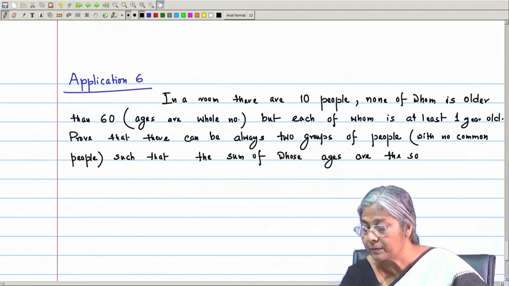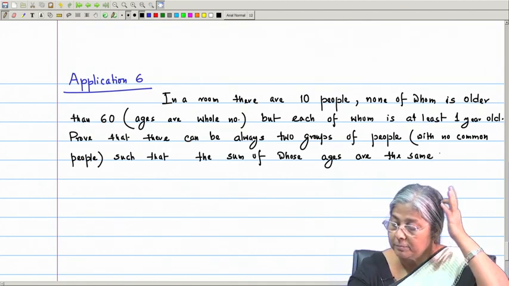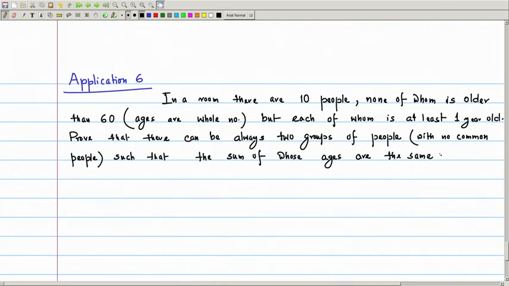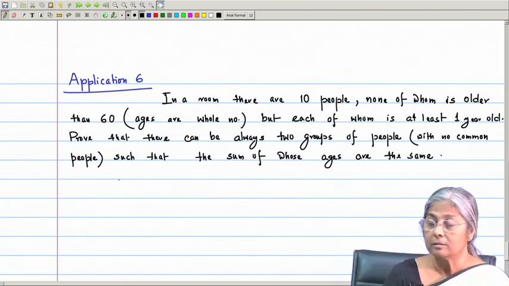So, that means I have 10 people in a room and none of them is older than 60.